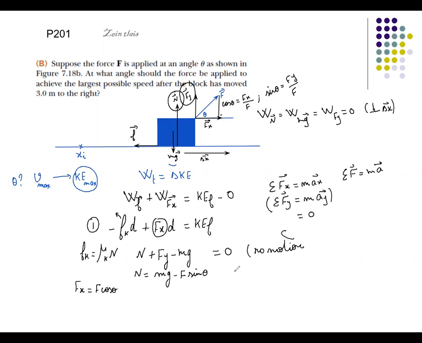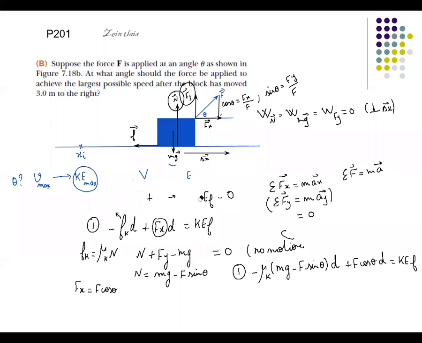We can write here minus mu kinetic times N, equals mg minus F sine theta, times d, plus Fx equals F cosine theta d equals the kinetic energy final.